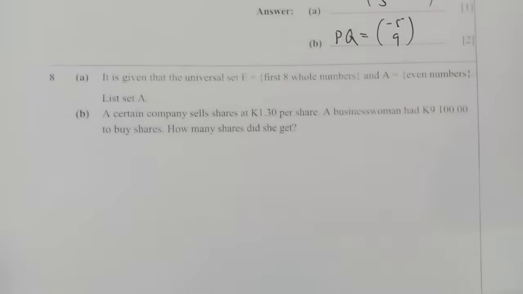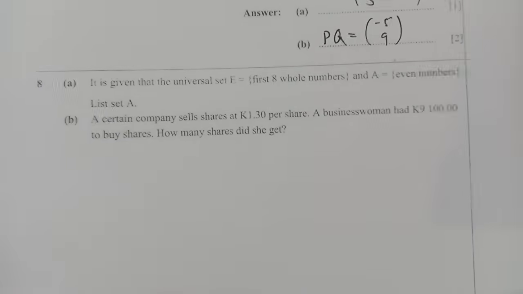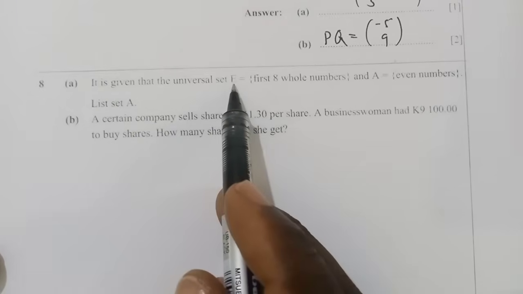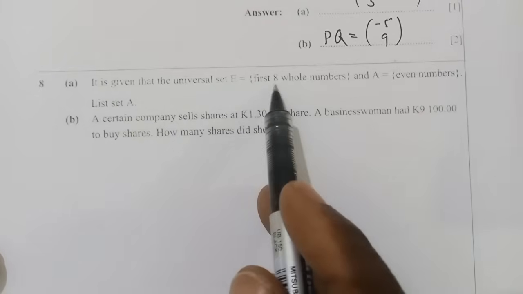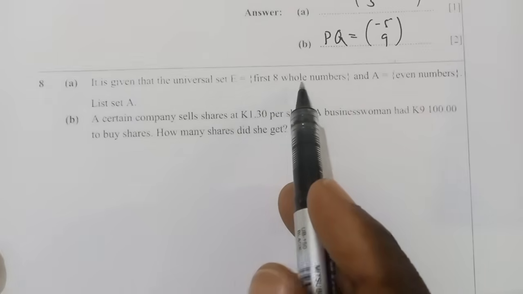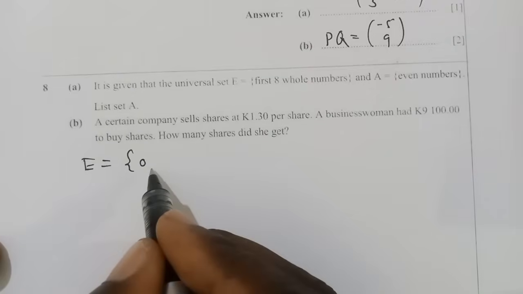We go to the next question, question 8. It's given that the universal set E is the first 8 whole numbers. So our E is first 8 whole numbers.